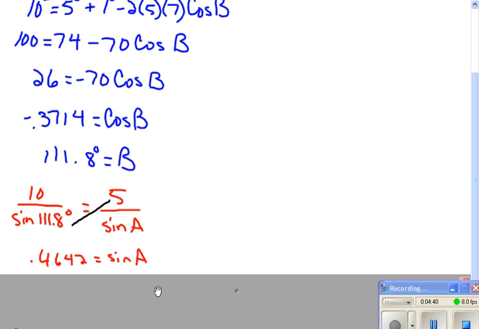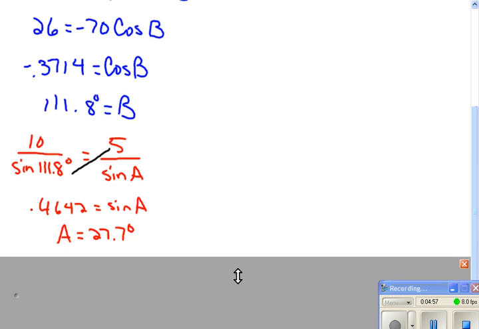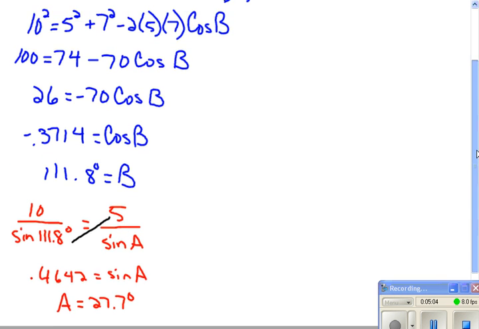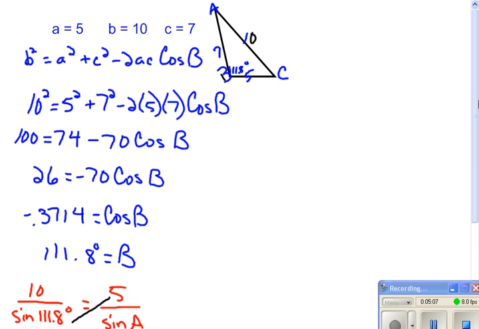And we get 0.4642 approximately equals the sine of A. Then you will take the inverse of the sine, so second sine on your calculator of 0.4642, and it says 27.7 degrees. So angle A would be 27.7 degrees. So let's go back up to our picture and put angle A is 27.7 degrees. Okay.